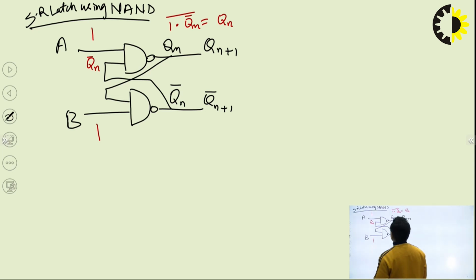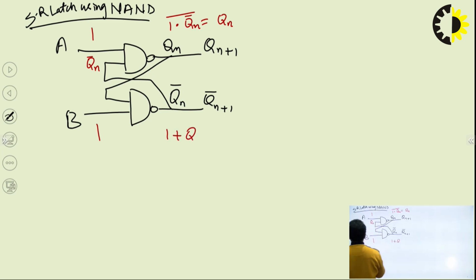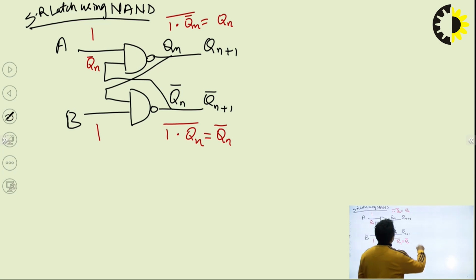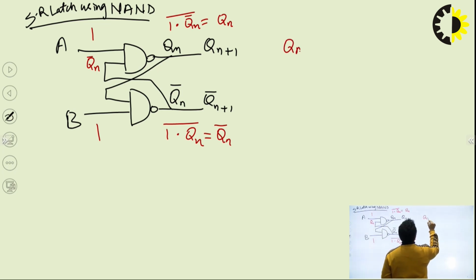Now similarly, for this case, if I am considering the bottom two terminals, my Qn is coming here as a feedback. So its output will be 1 dot Qn to the whole complement, which will be Qn complement. So that means my Qn plus 1 equals Qn, because both have the same value.